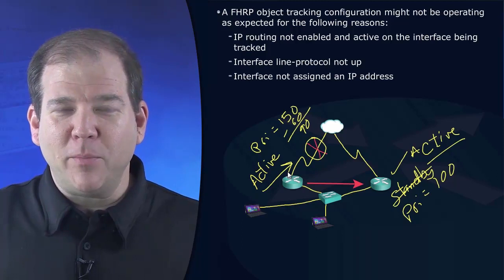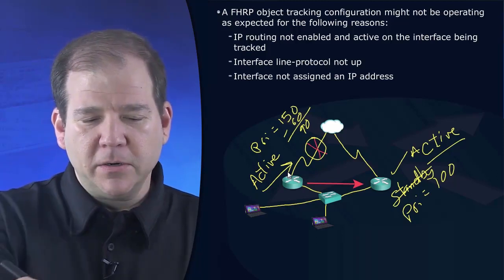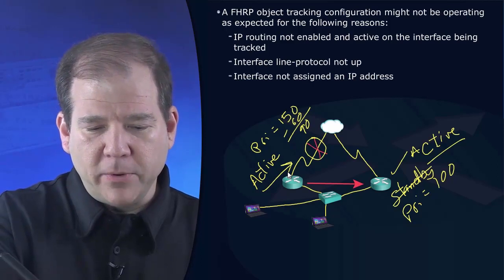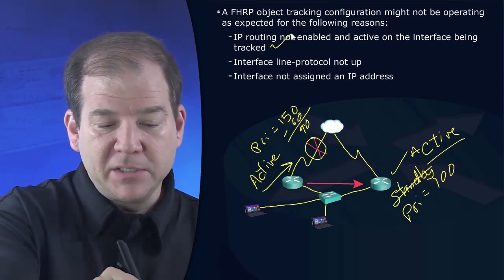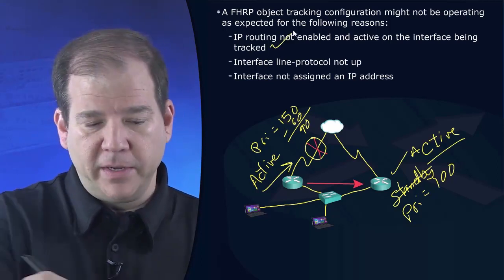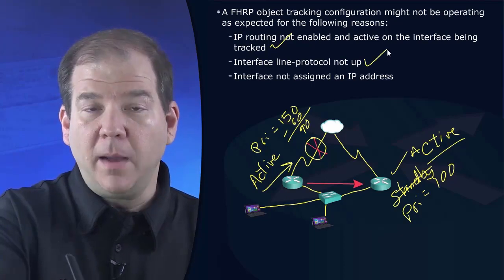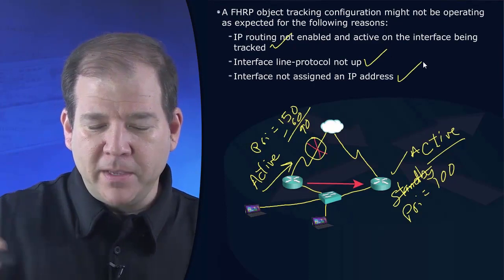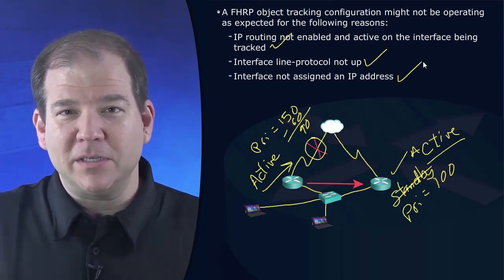We want to decrement our priority at that point, and we're going to consider issues that might cause this to fail. For example, IP routing simply may not be active on that interface. Maybe it's not up, something's not plugged in perhaps, or maybe the interface does not have an IP address assigned to it.